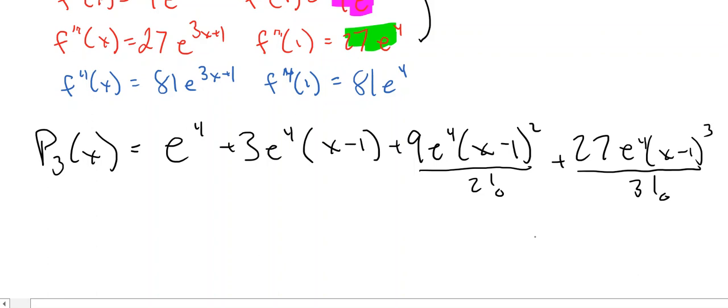That will be my polynomial. So that's the first objective, is to create a Taylor polynomial that represents this particular function.